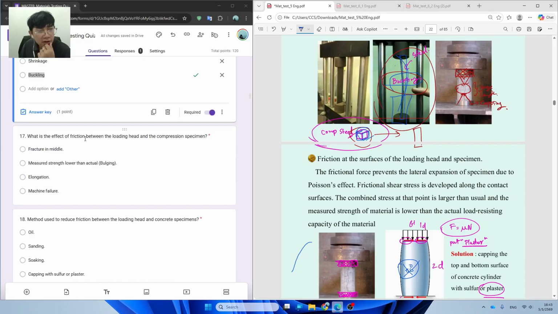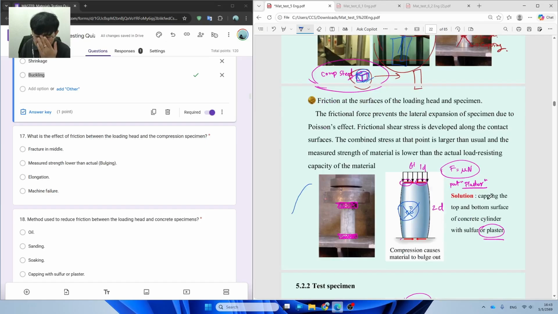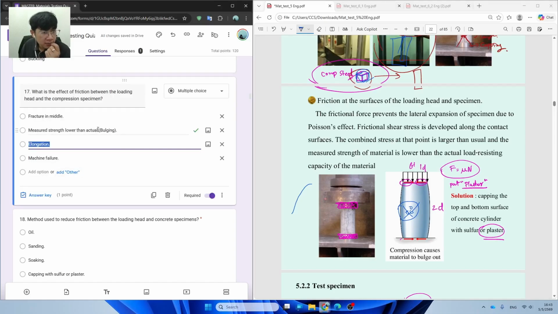What are the effects of the friction between the loading head and the compression specimen? So the effect of friction over here is that it's going to cause your sample to fail faster than what it should, which means the measured strength is going to be lower than the actual if you don't cap it carefully, okay.